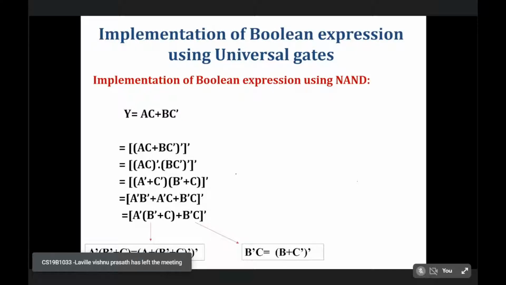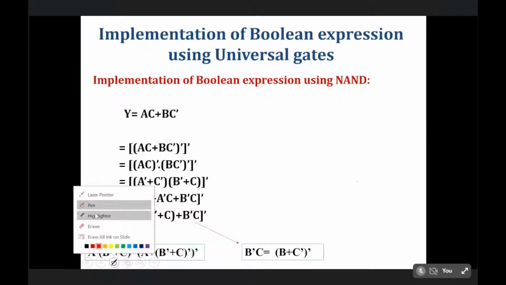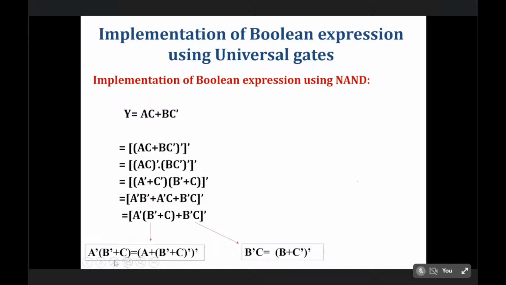But there are two more gates which are very important while designing and implementing any digital circuitry. For different applications we require different logic gates. Those two gates are the exclusive OR and the exclusive NOR gates.